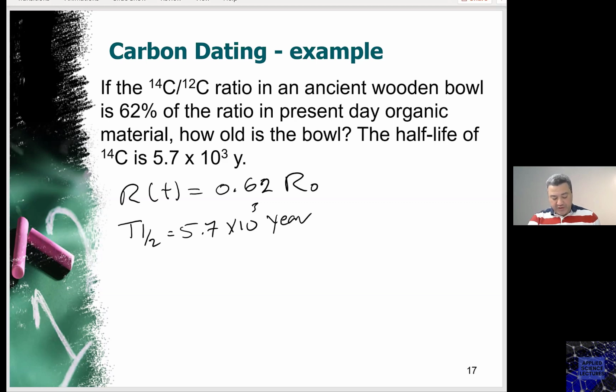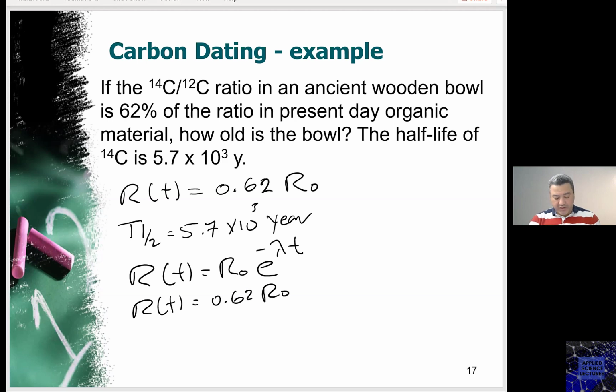Now substituting in the equation, R of t equals R naught e to the power minus lambda t, and also R of t equals 0.62 R naught. Then equating those, we get 0.62 R naught equals R naught e to the power minus lambda t. R naught is going to cancel.